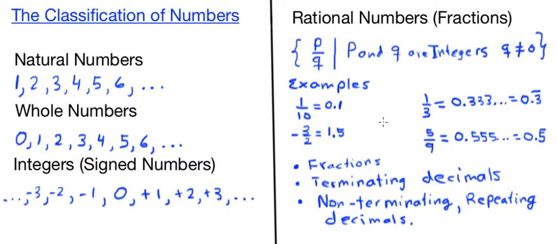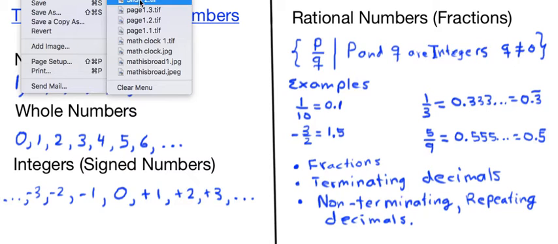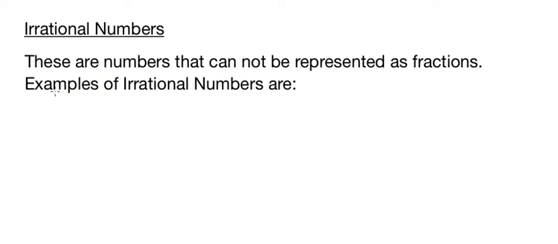Okay, now let's talk about the next set of numbers, which is called the set of irrational numbers. For that, let me go to the next page. The set of irrational numbers. These are numbers that cannot be represented as fractions. That's why they are called irrational numbers.